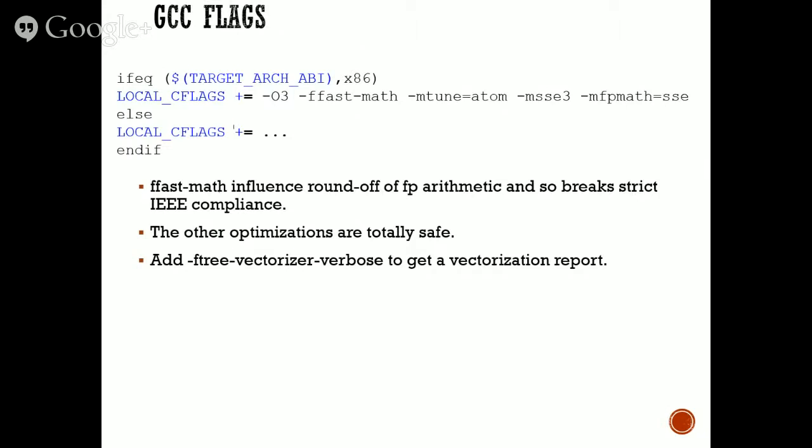By using these flags in GCC, you can automatically optimize, or automatically vectorize your instructions. Fast math is the rounding of the floating point arithmetics. And the other optimizations, that is the mtune atom msse3, specify the level of vectorization it needs to perform.